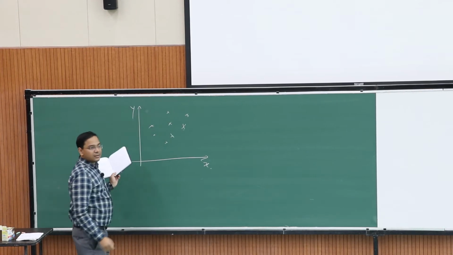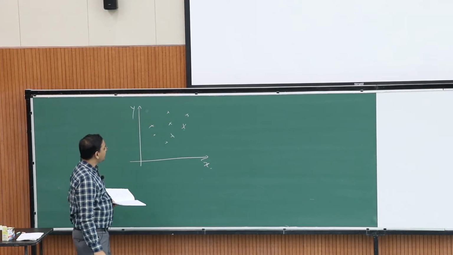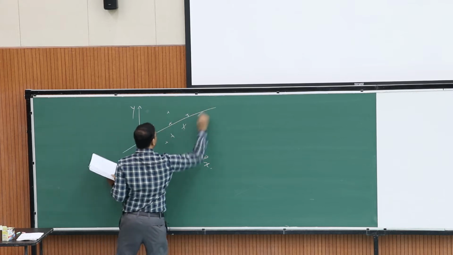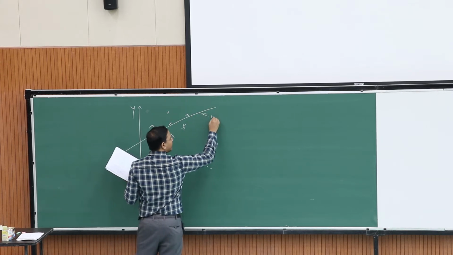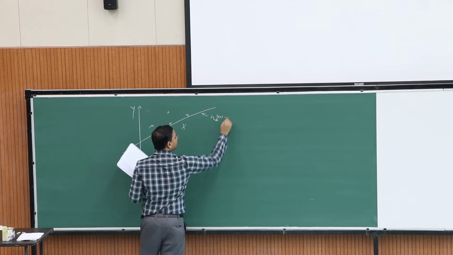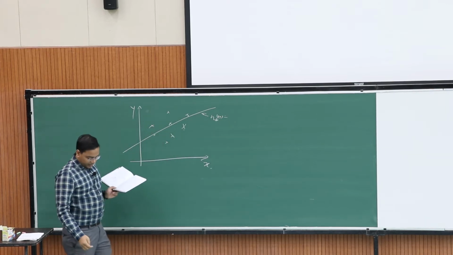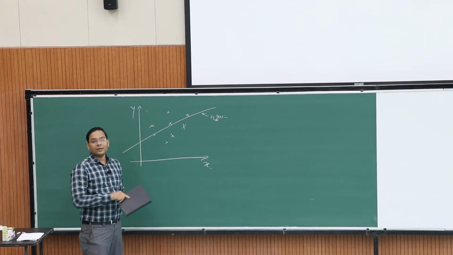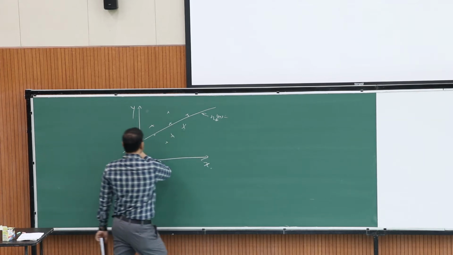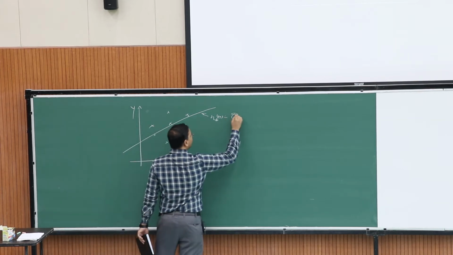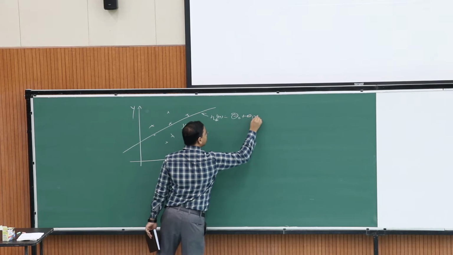And suppose you want to fit a line through this, which will have an equation like h of theta x equal to, what is the equation of a line? Theta 0 plus theta 1 x, okay?